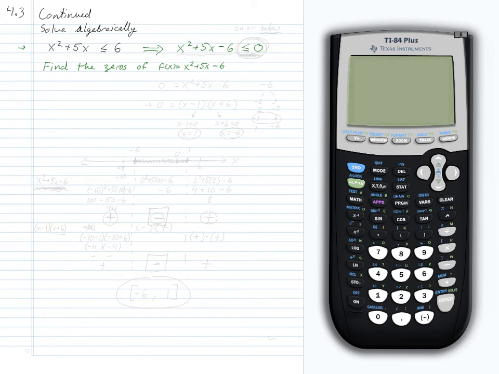So, if we let our function value be 0, 0 equals x squared plus 5x minus 6, I always like to try to factor if I can. That's one of the nicest ways of solving quadratics. And this one, it turns out, will factor pretty nicely. We'll need an x and an x.